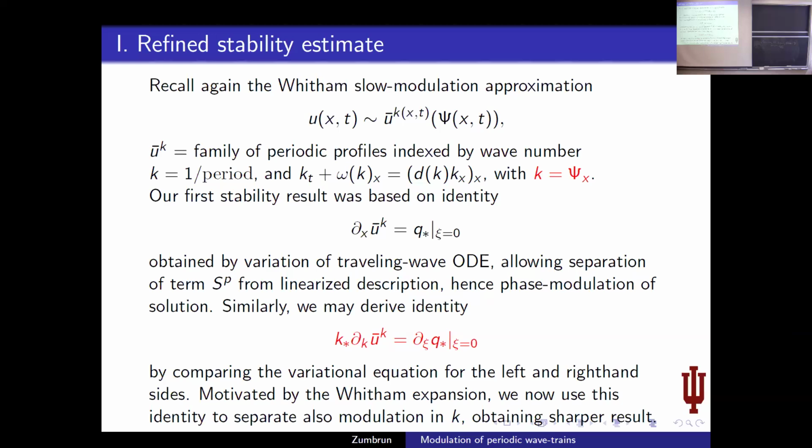I would almost try to reproduce it here, but if I were in practice, it's not so hard, but you have to be in the mood of getting these identities. It doesn't work well to come back years later. But this is the idea. Now, if we make use of this one, in addition to this one, we're going to be able to separate out the modulations in K, because that's what this is, the modulation in K. This is the modulation in psi, the derivative.